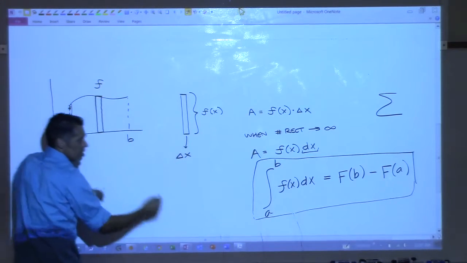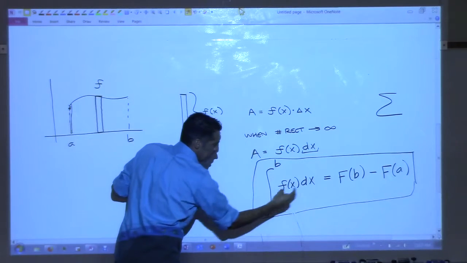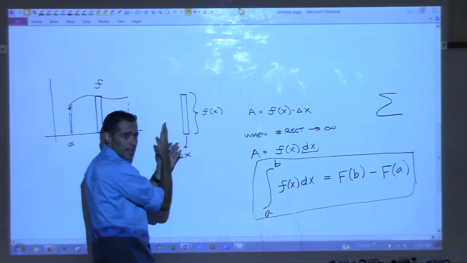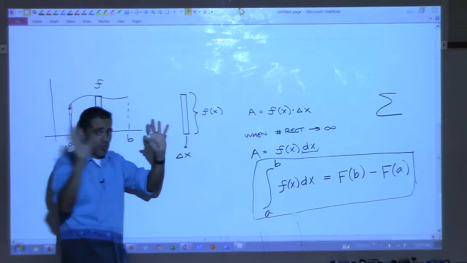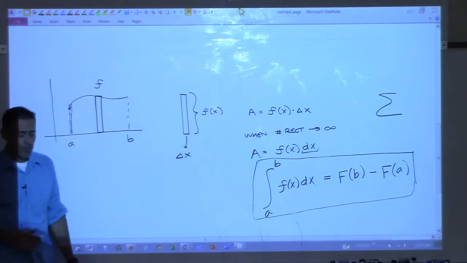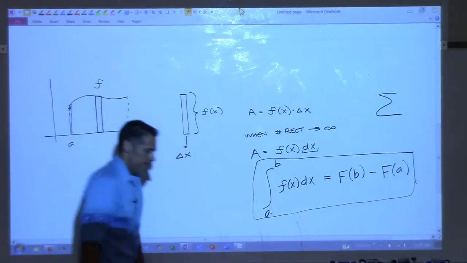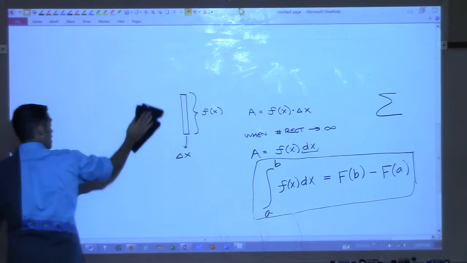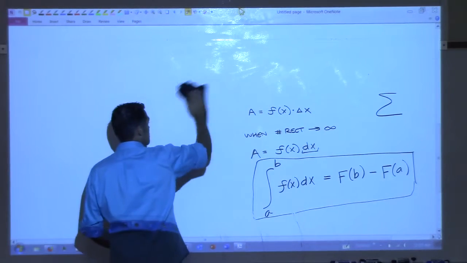So the adding up is this. This is the area, and the a and b tell us where we're sliding from and to. That's going to help, trust me, later when we start doing other crazy things with this. So what we still need to do is a few more examples, and then we're going to get into the next section, which is 6.6.